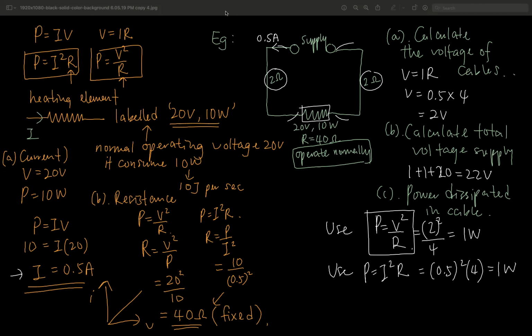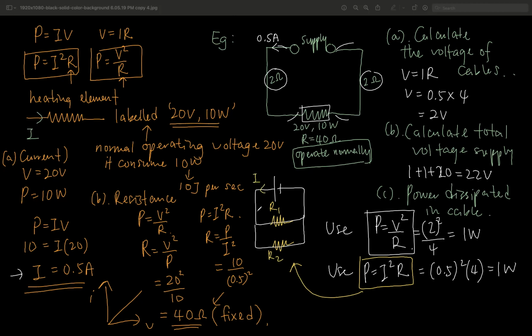Conversely, if you have a parallel circuit, you want to be careful when you use this formula to calculate the power loss of a component. Let's say I want to calculate the power loss of component R1. When I use P equals I squared R, the current is not the total current.